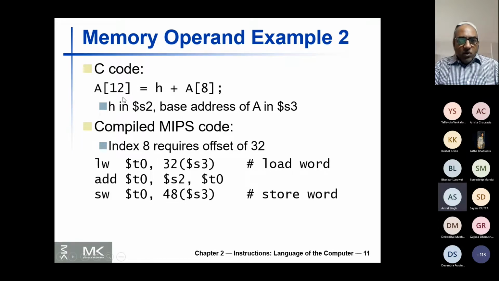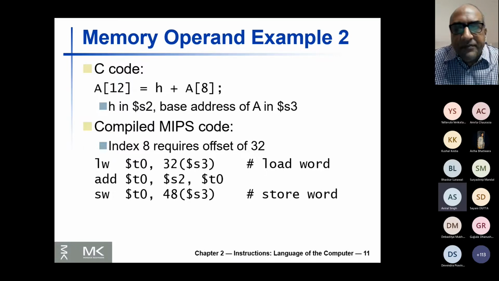So in the store word, after performing the addition, the result is there in the temporary register T naught, and you are passing the value in T naught to the location of A12. That is the one, right? Okay, let's take a break and then we'll come back.